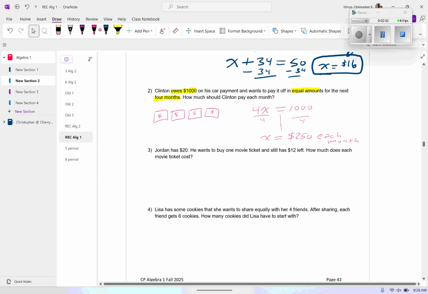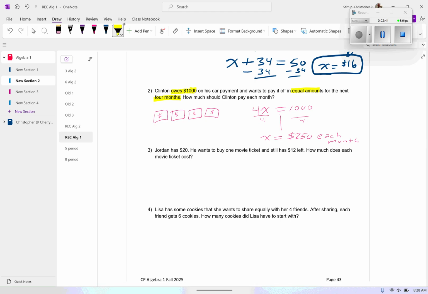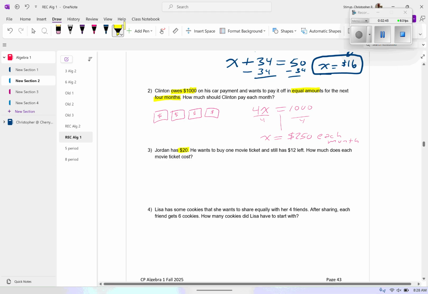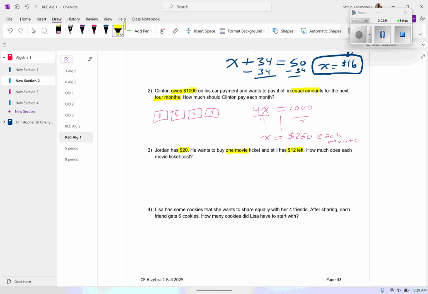Number 3 says Jordan has $20. He wants to buy one movie ticket and still have $12 left. How much does each movie ticket cost? Okay. $20 is in Jordan's pocket, wants to buy one movie ticket, and has $12 left. Okay.